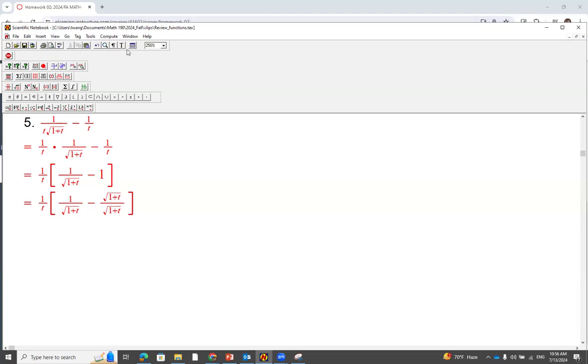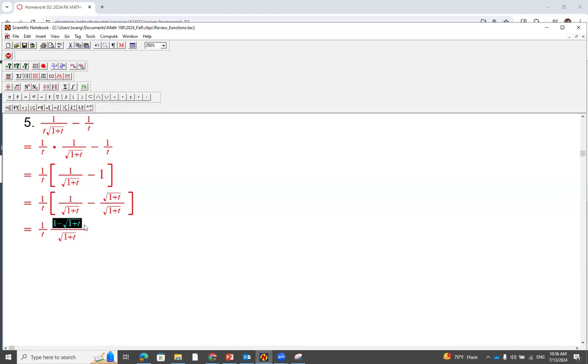Now we have the same denominator, so we can combine these two in one fraction, subtracting the other fraction. We have the same denominator, so that will become 1 minus that. By this time, the bracket can be removed because this is just a product. And this dot is not totally necessary, so we got this.